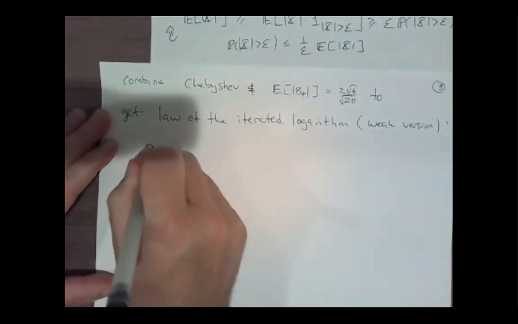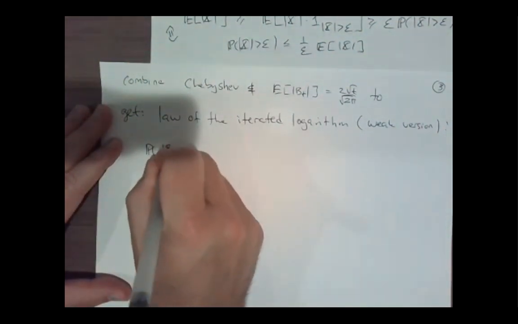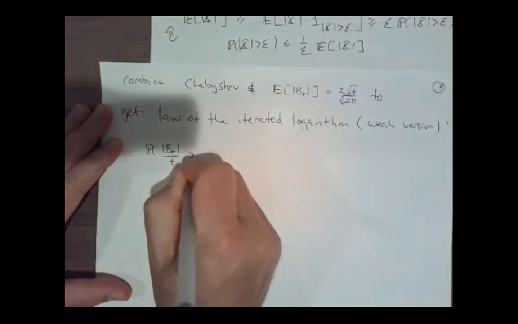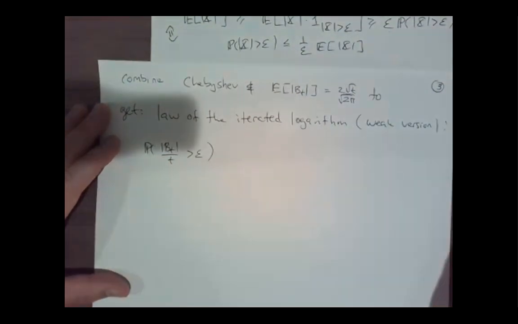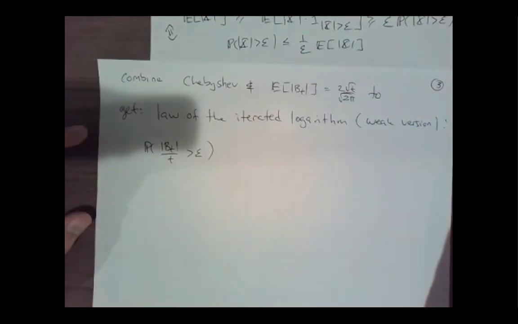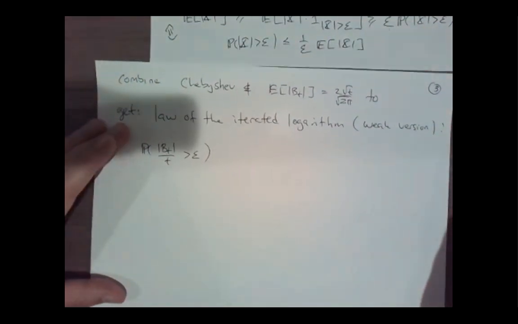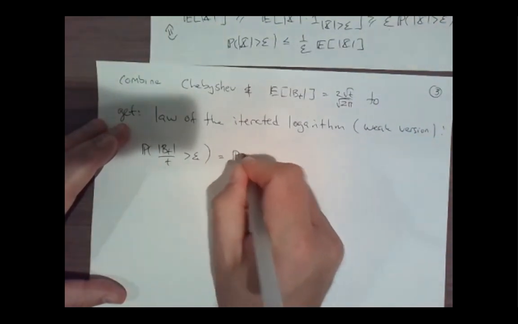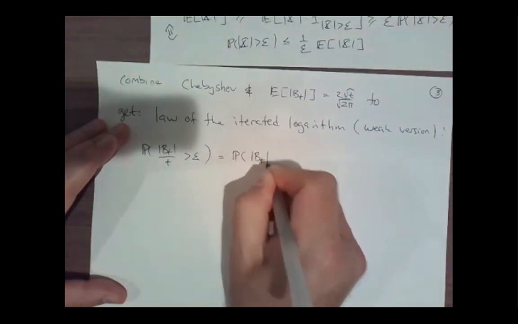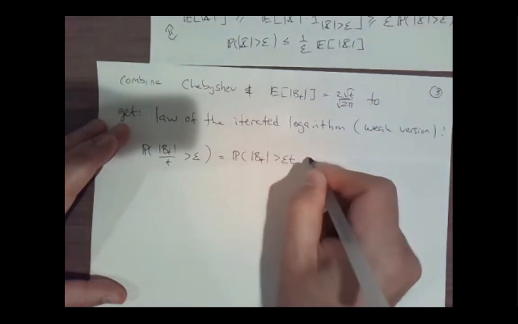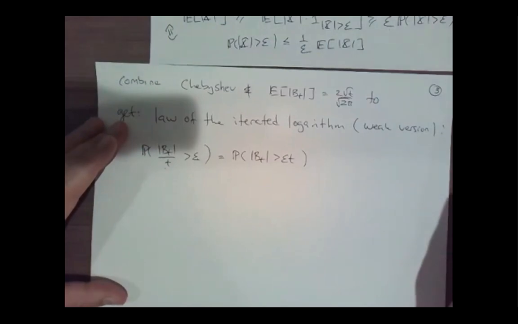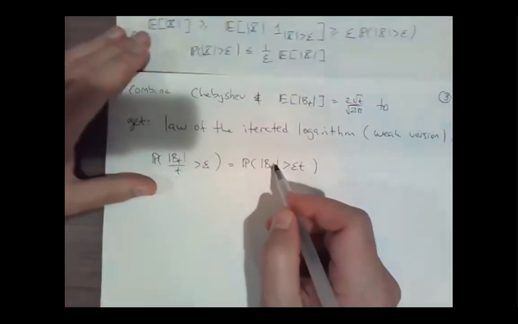We're interested in the probability that the absolute value of Bt divided by t is bigger than epsilon. I can move the t to the other side: this is bigger than epsilon t. Then I can use Chebyshev.